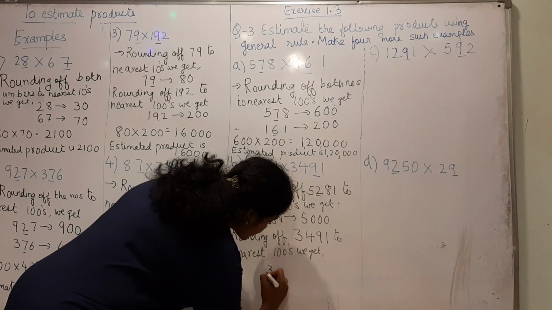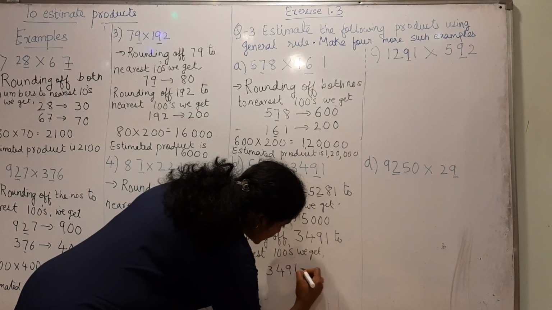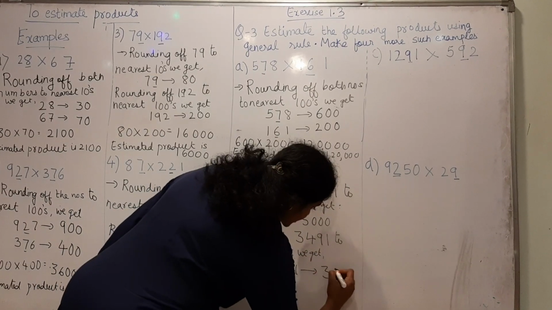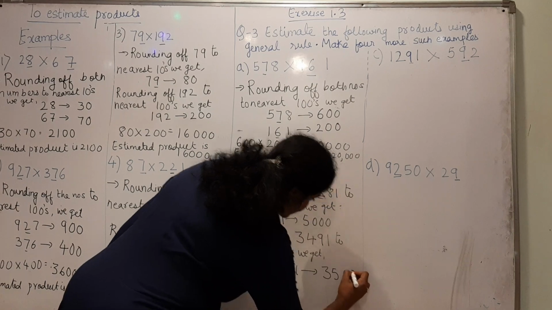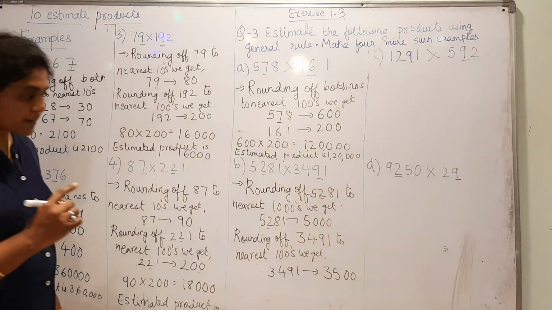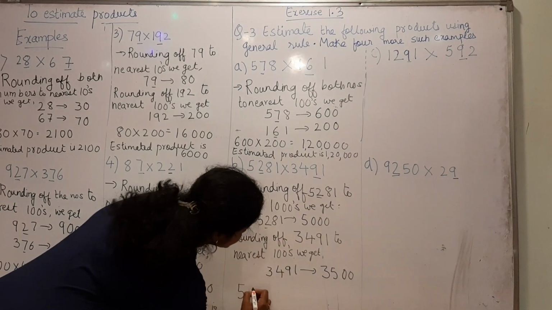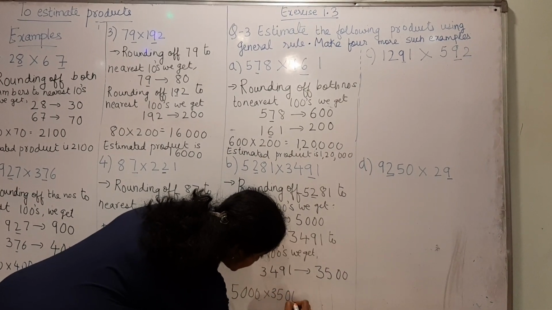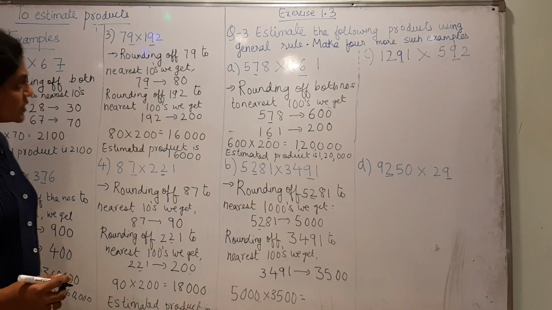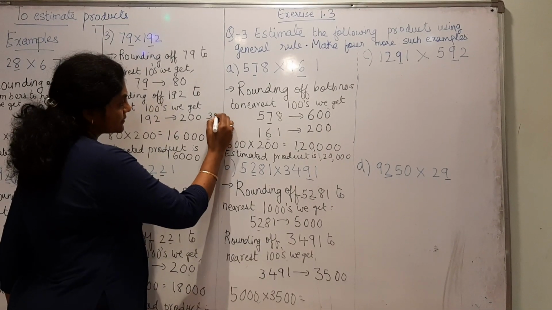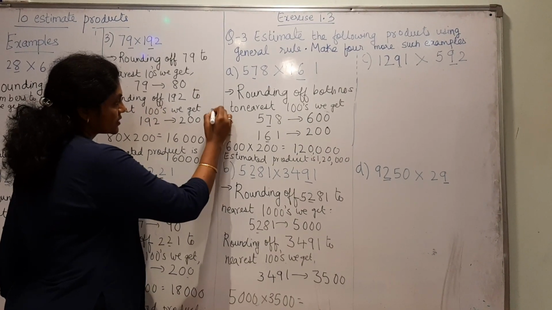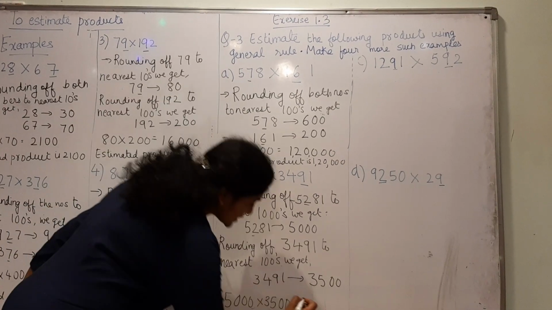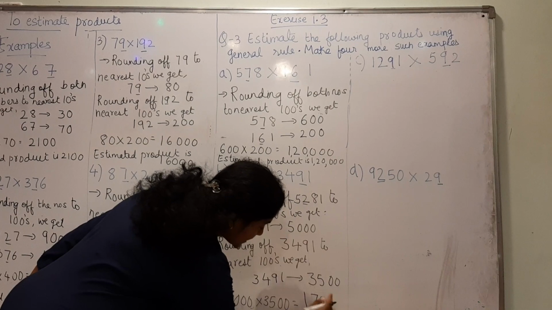So 3491, you will get 3500. Just multiply it. 5000 into 3500 is equal to, so 35 into 5, yes, that is 175.